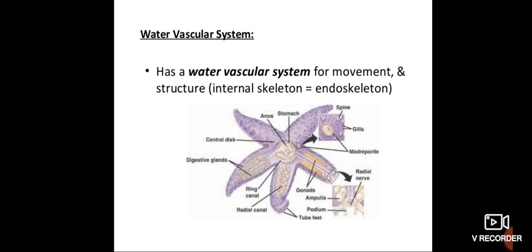Water vascular system. These organisms have a specialized water vascular system for the purpose of movement, and this water vascular system especially gives structure to the body, that is, it acts as an internal skeleton, endoskeleton.